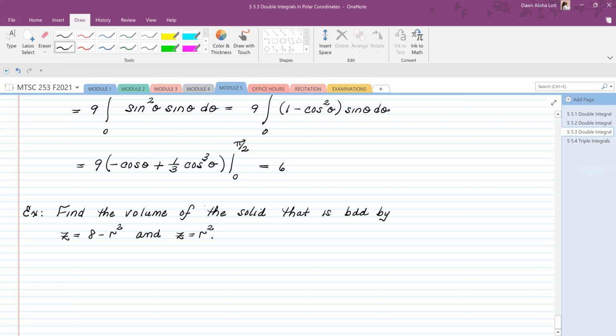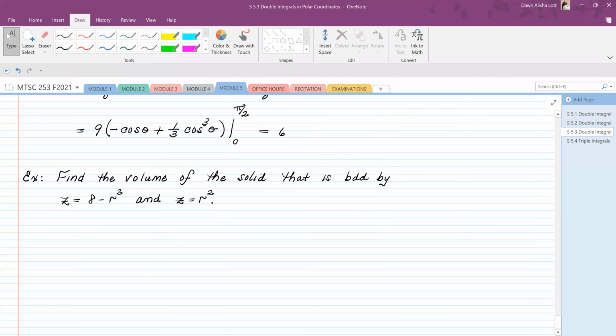Okay, so now you've got to remember Z equal to 8 minus r squared is equal to 8 minus x squared plus y squared. So this is an upside down paraboloid.